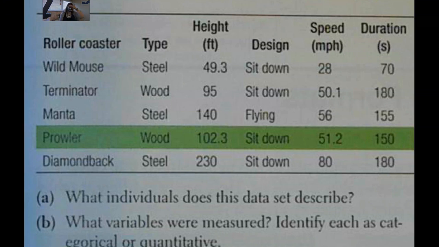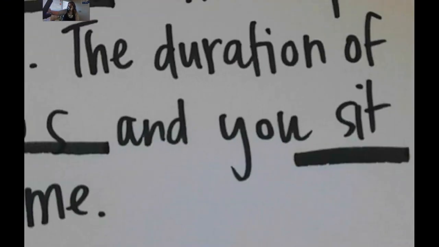So the first thing that I want you to make sure is that you have the 5 different categories. So you have to describe 5 different things about this roller coaster. Now I wrote mine out of order just to give you guys an example that you have freedom on how you write this, as long as you make sure that you get all 5 of the categories in your description.